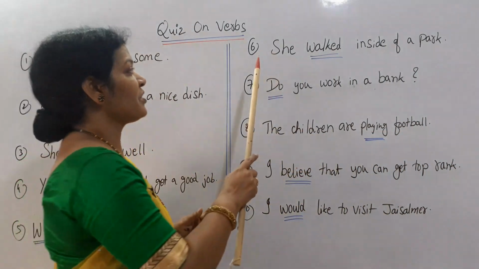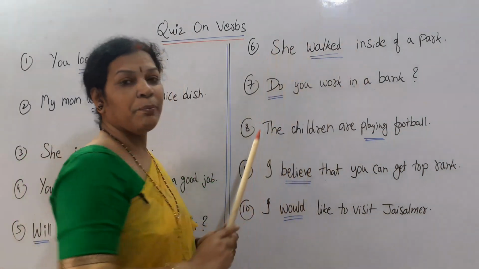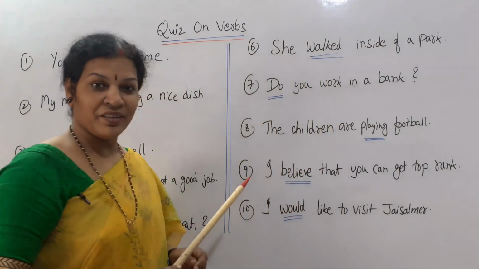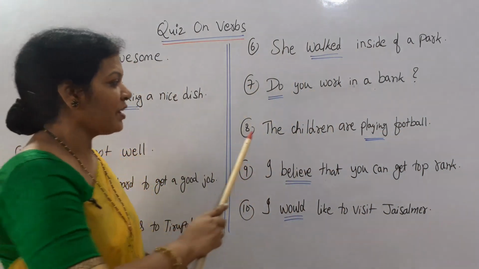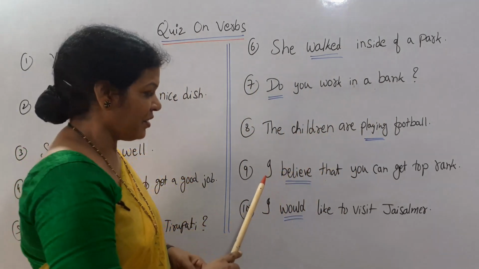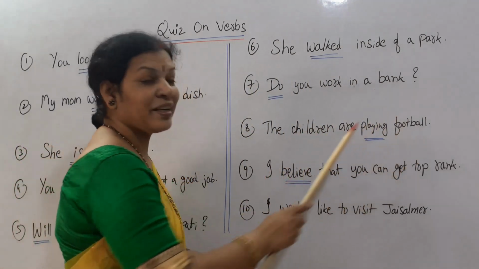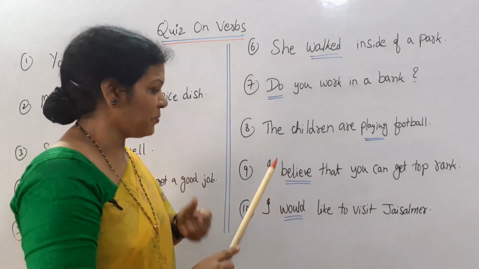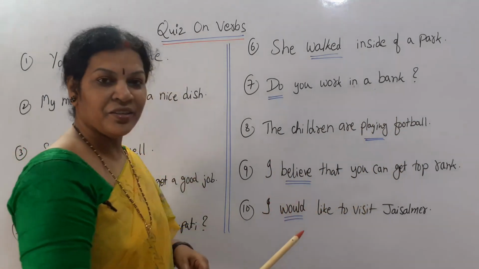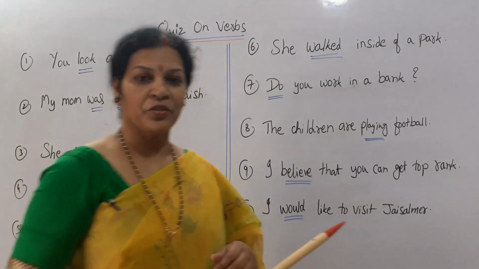Now next, she walked inside of a park. Walked. Do you work in a bank? Do. The children are playing football. Playing. I believe that you can get top rank. I believe. I would like to visit Jaisalmer. Would. Am I clear? Take a screenshot or note down.